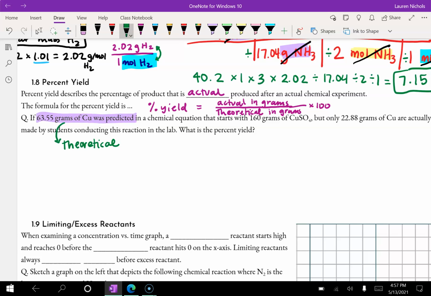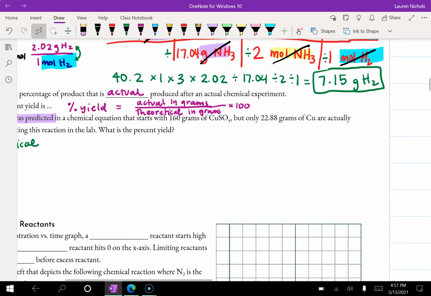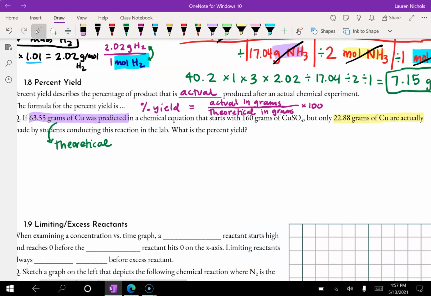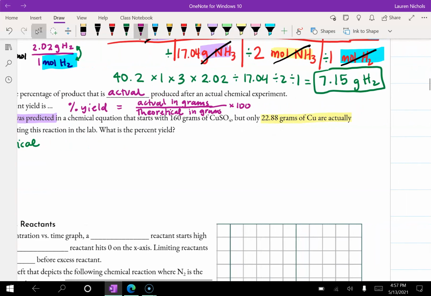And it says, so it's predicted in a chemical equation that starts with 160 grams of copper sulfate, but only 22.88 grams of copper were actually made by the students. So that means this amount is our actual amount.